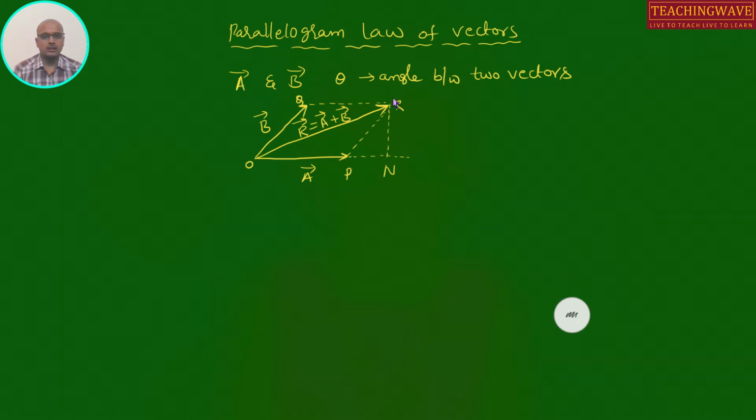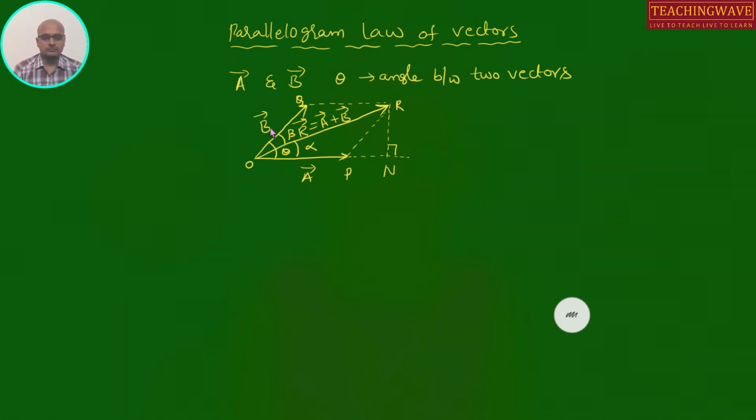P, R, N is another right angle triangle, and the right angle is at N. According to our earlier discussion, the angle between A bar and B bar is theta. Let us assume the angle between A bar and the diagonal, that means the resultant vector, is alpha, and beta with the B bar vector.